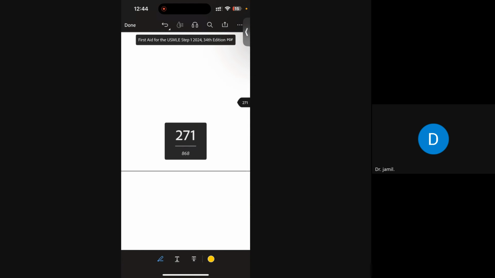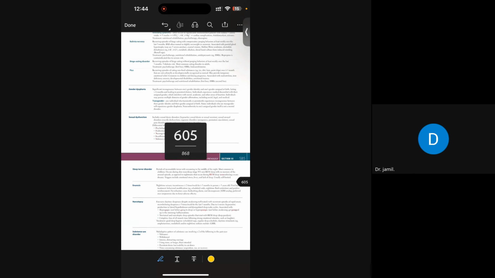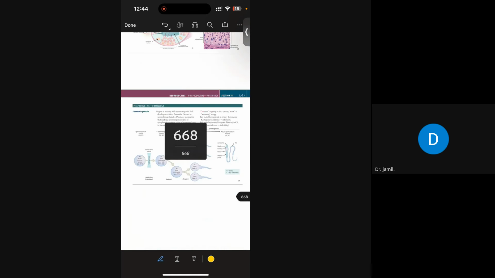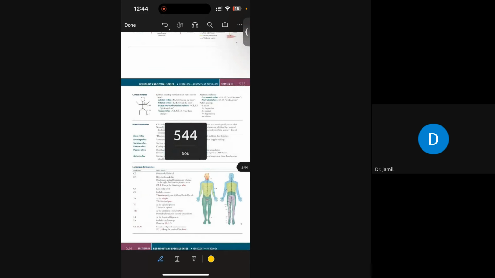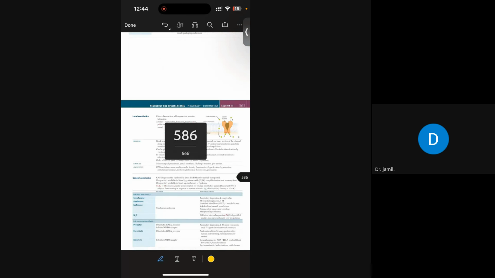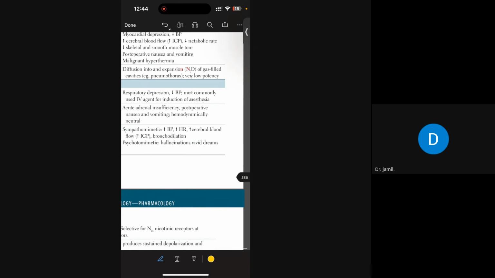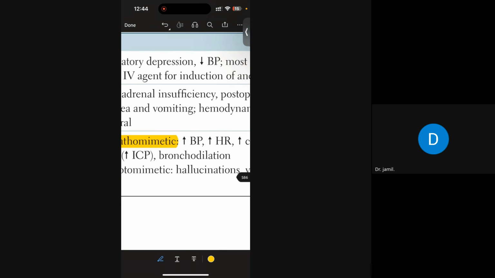To know ketamine, you have to see anesthesia. First, it's a sympathomimetic. It will improve the blood pressure, and it's a bronchodilator also. In anesthesia, there are three types of intravenous agents, usually propofol, etomidate, and ketamine. Ketamine is sympathomimetic. It increases the blood pressure and heart rate.